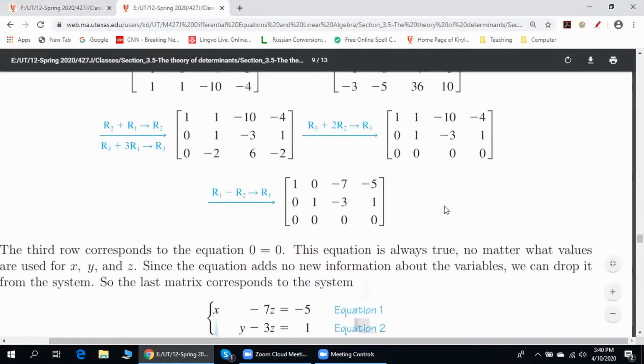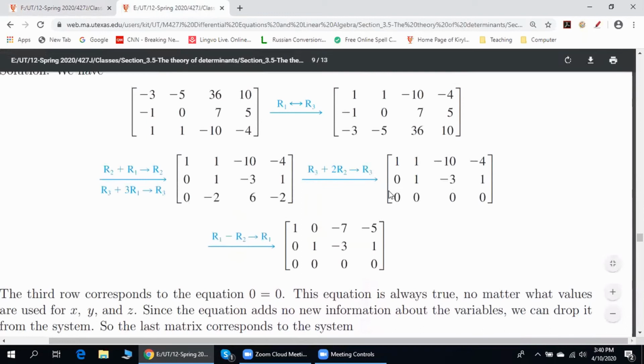Going back to this example, what we see in front of us here is an echelon form. Pivot number 1, pivot number 2, zeros to the left and beneath. But this is not a reduced echelon form because we have a non-zero element above this pivot 1.